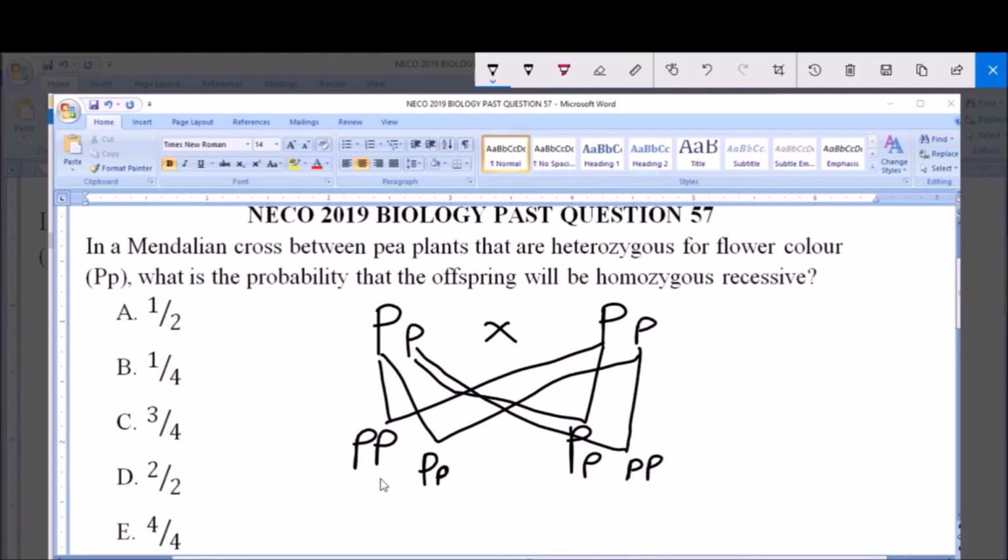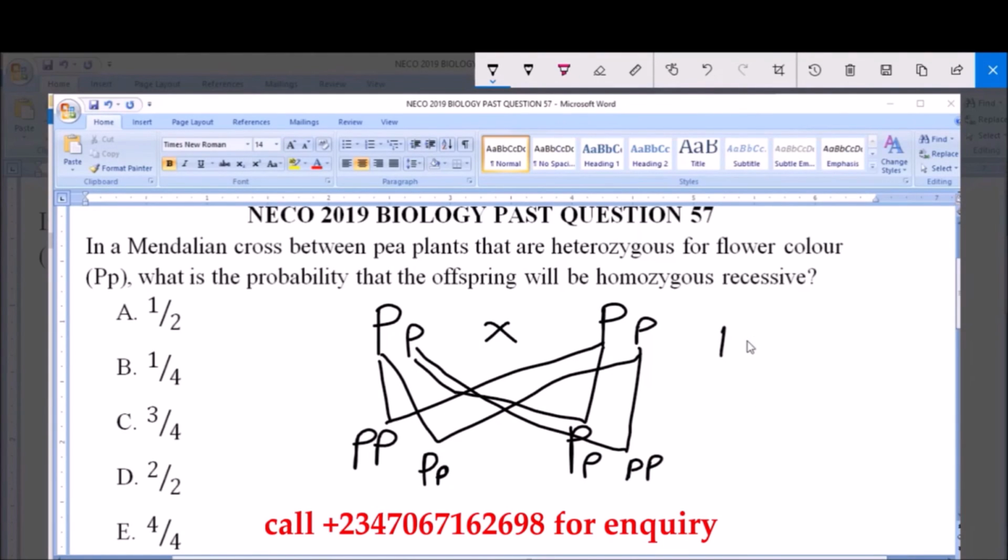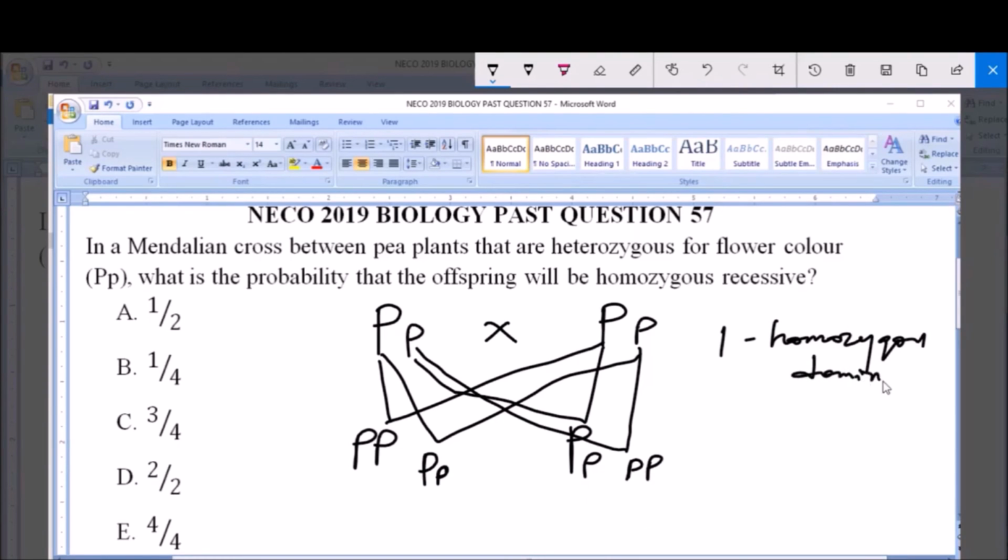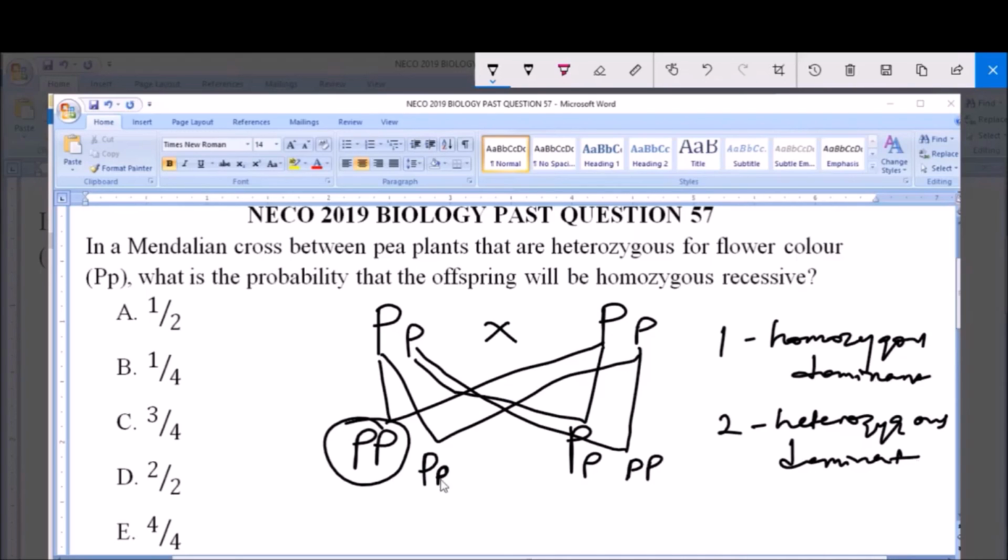Now looking at this, we have one homozygous dominant, which is this. We have two heterozygous dominants, which is this and this.